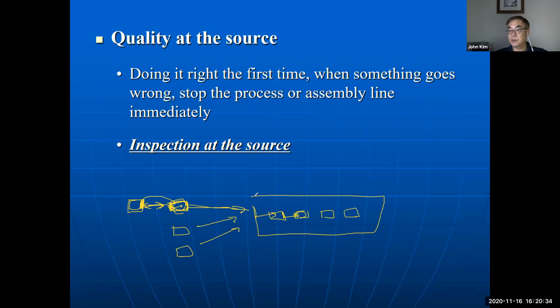So using such criteria, evaluate, and then give them a certification, and then trust, and receive, and so on. So using this quality at the source, they can reduce unnecessary time, like inspection time, redundant inspection, and so on.